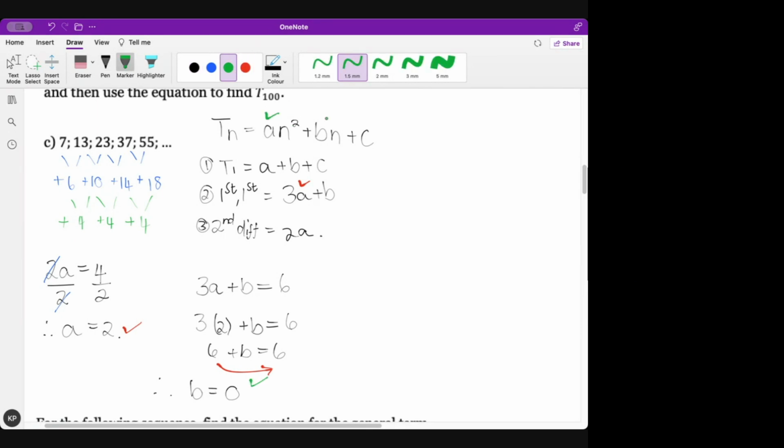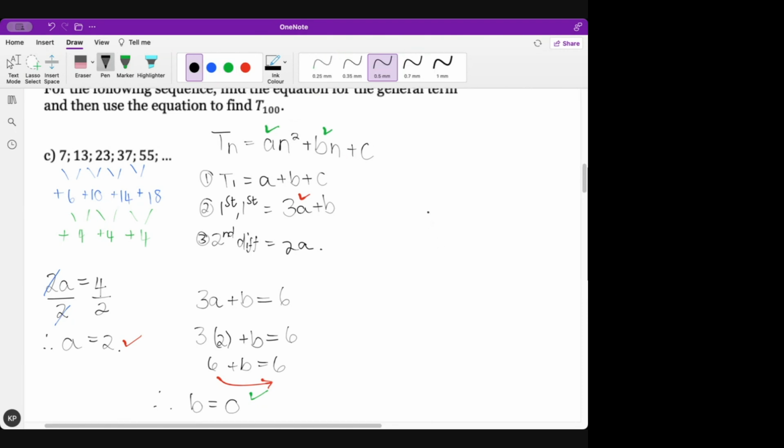Now we have b. So far we have a and b. We need c. Term 1 is equal to a plus b plus c. Thank you very much, Ganlin. Term 1 in our case is equal to 7. We know a is 2, b is 0, and a plus b plus c is equal to 7. So c will then equal 7 minus 2.